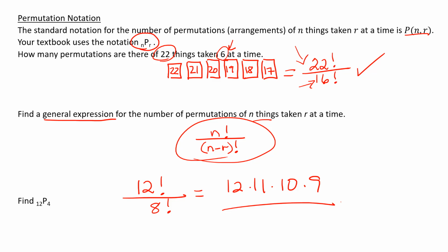But if we had a huge number of things taken a huge number at a time, we wouldn't want to sit there and figure that out. We would just want to punch that into the calculator. So we don't actually have to write that. We can just hit 12 factorial divided by 8 factorial on our calculator, and that would give us however many possible permutations there are of 12 things taken 4 at a time.